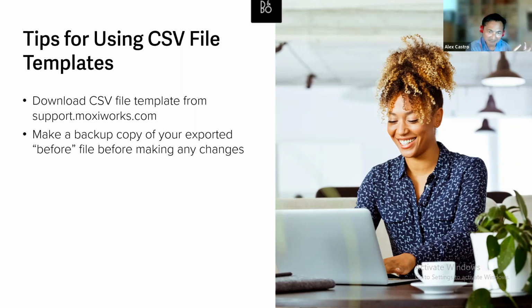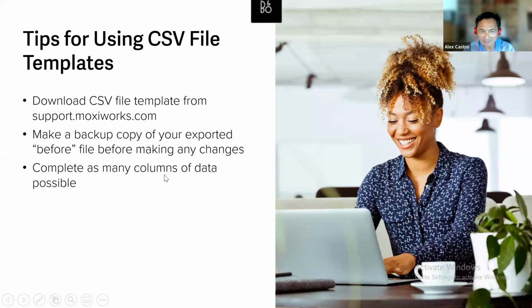Make a backup copy of that export, and then make a different copy for when you're importing it or copying and pasting into that new Outlook template, Google template, or CSV file, excuse me.